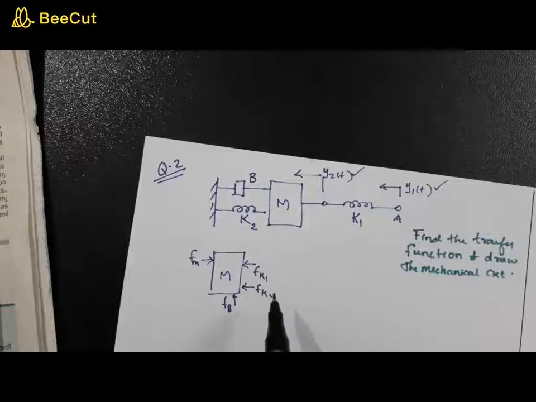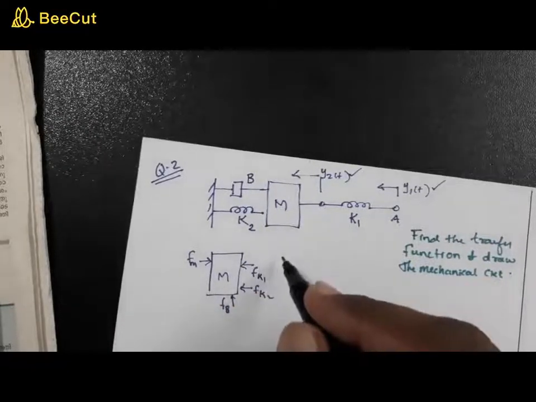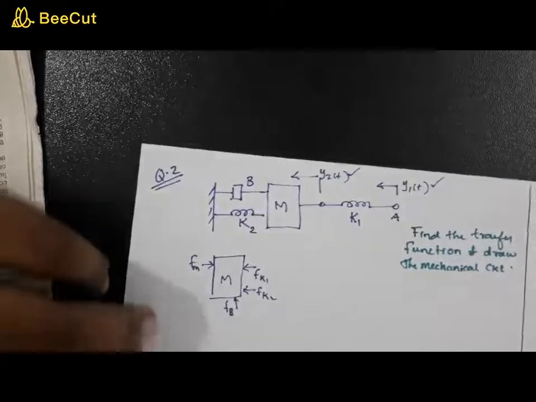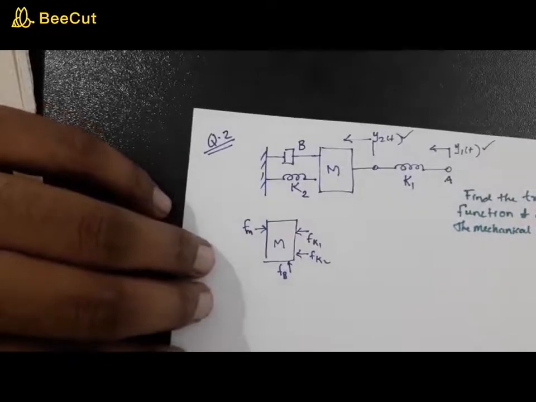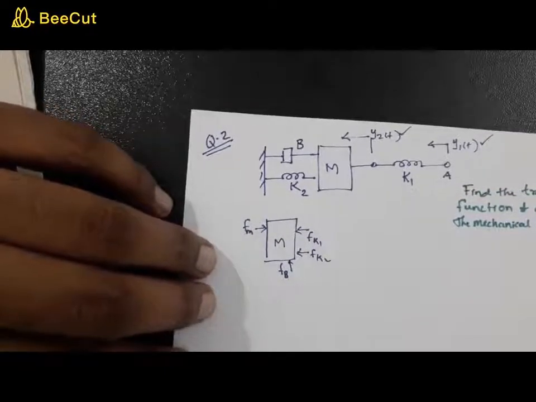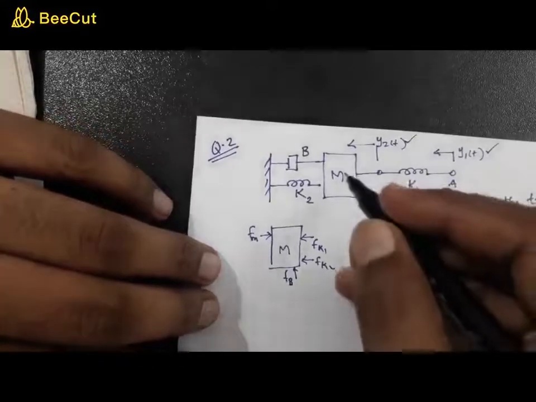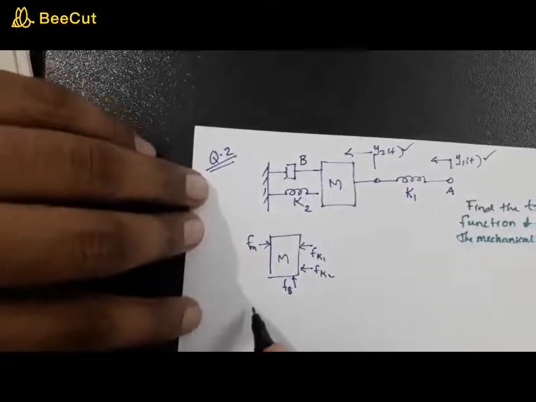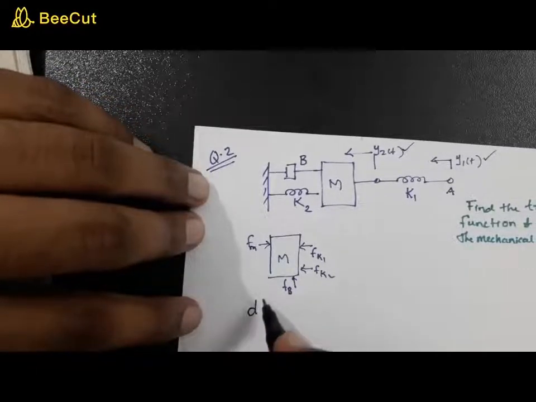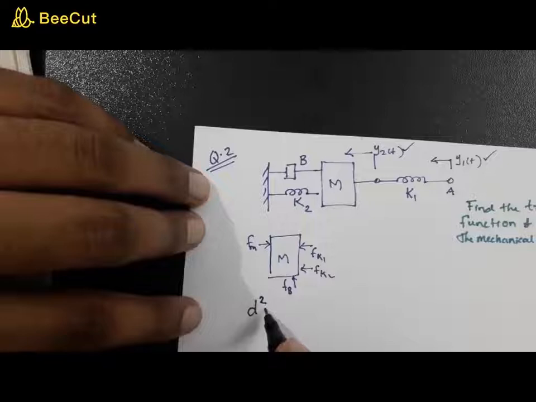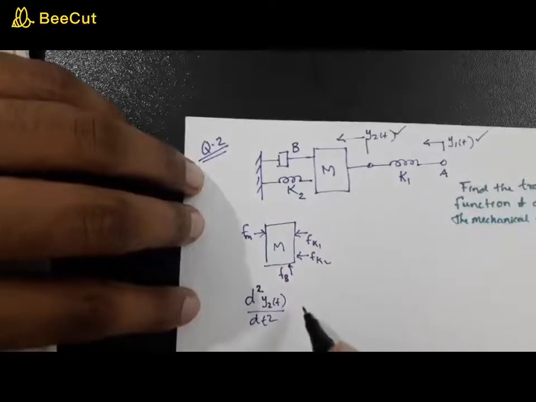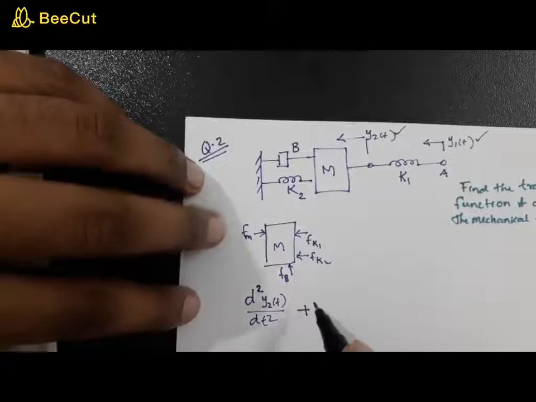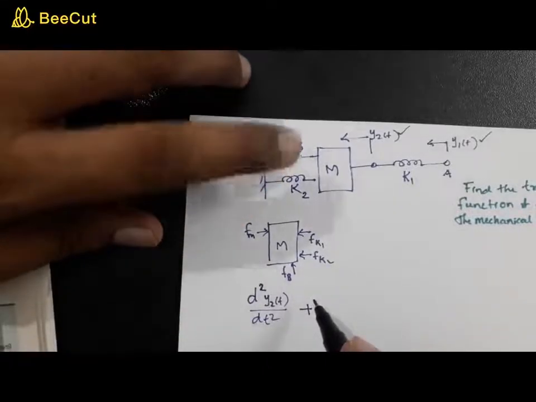So this is the free body diagram. Now let's try to do the problem. When you compare this mass, if you write the equation, Fm is equal to m into d square y2 of t by dt square, right? Now what about the force due to Fk2?